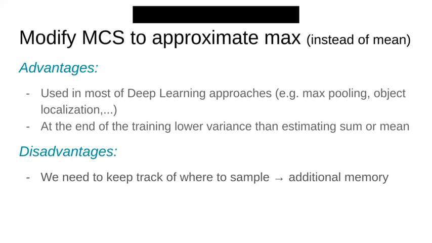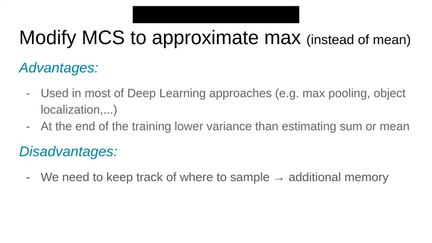So this means that the induced variance will be very low. So we get the advantage of reducing the computational cost, but we won't introduce additional variance. So it's a much cleaner gain than what we saw before.